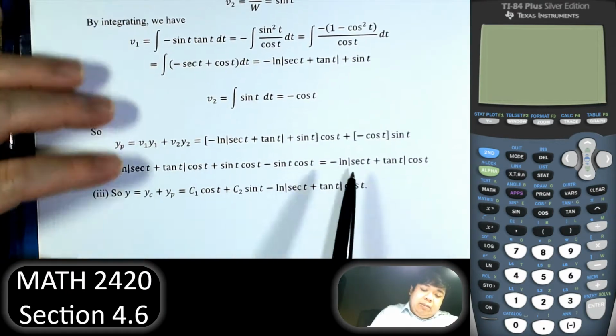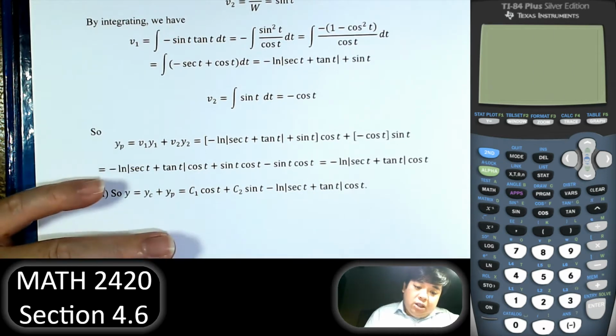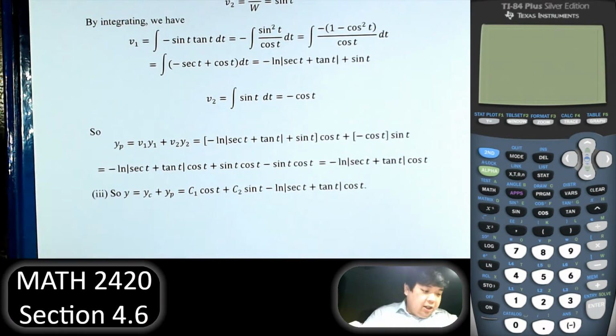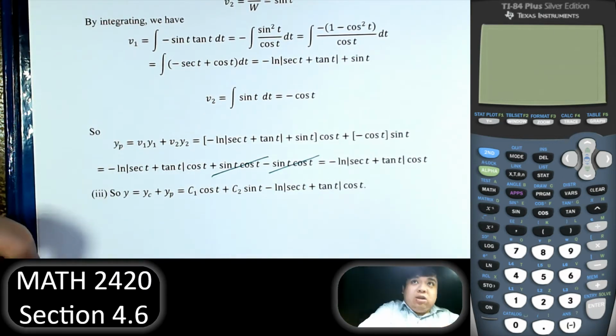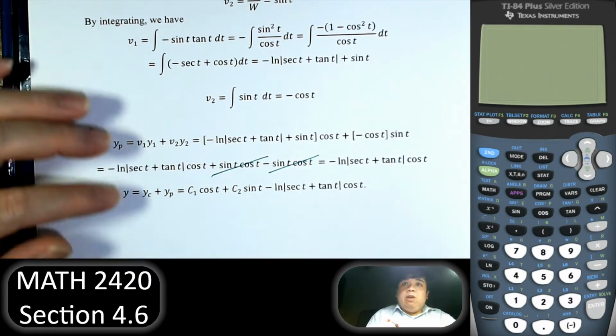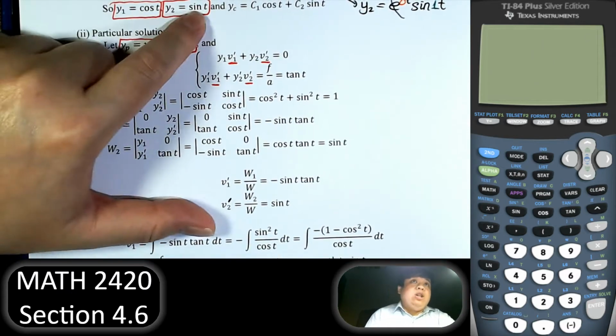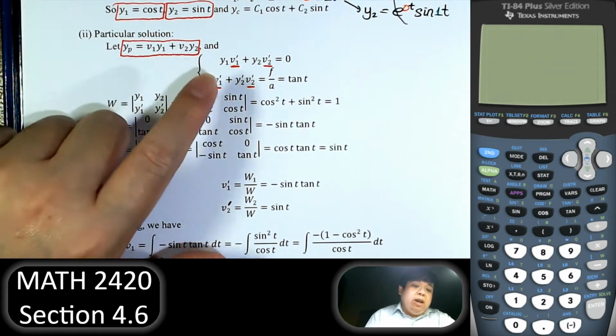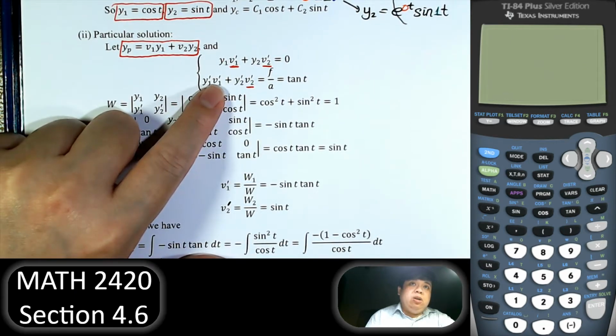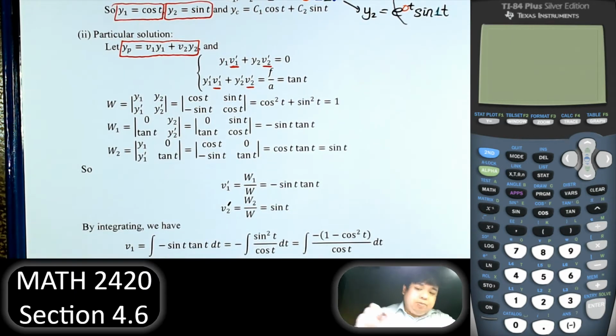Put everything in that, and then there will be something to simplify, I believe. Sine t, cosine t cancel out, and we have that. So the fundamental here is get y1, y2, the particular solution will be in this form, and solve for that system of equations using Cramer's rule.